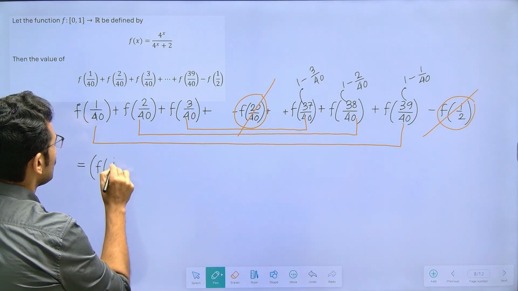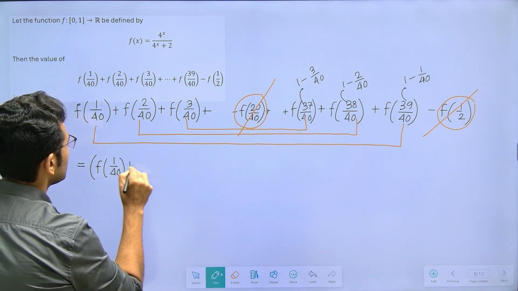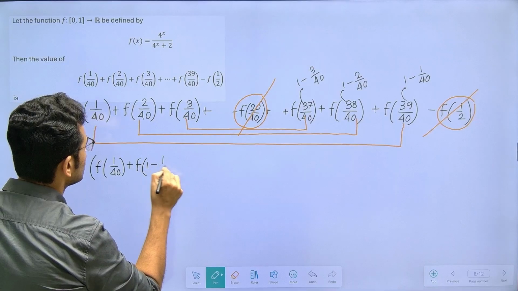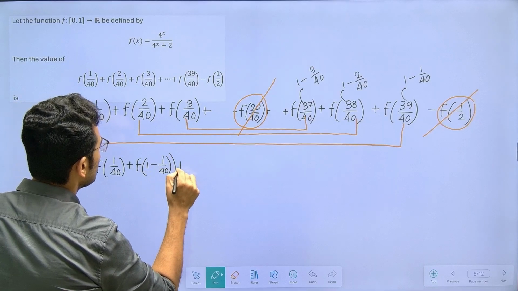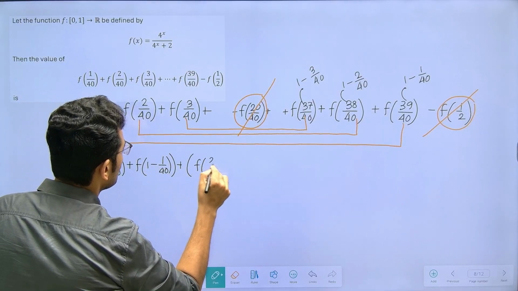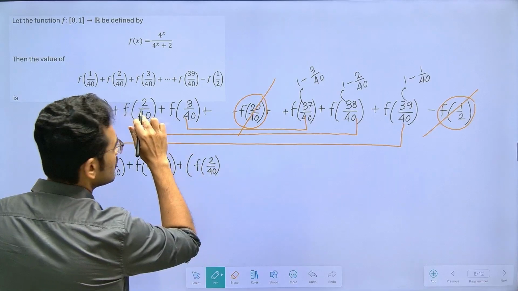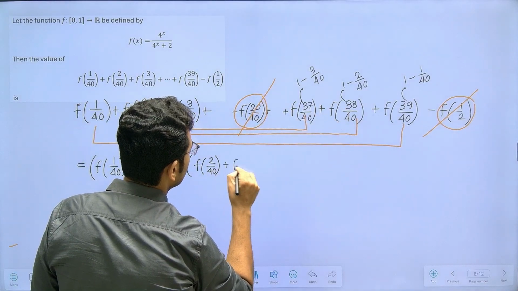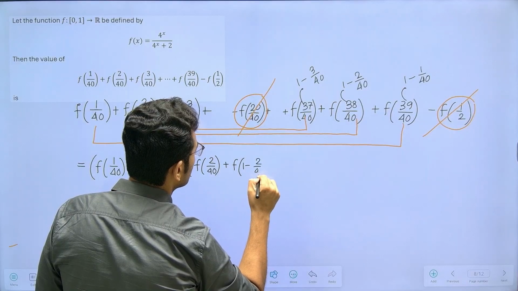The first term f(1/40) plus the last term, that is f(1 − 1/40), plus f(2/40) and the term f(1 − 2/40).